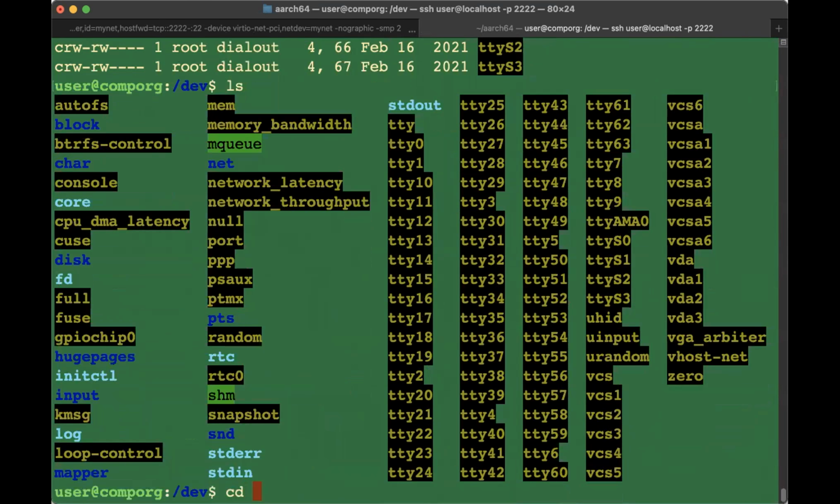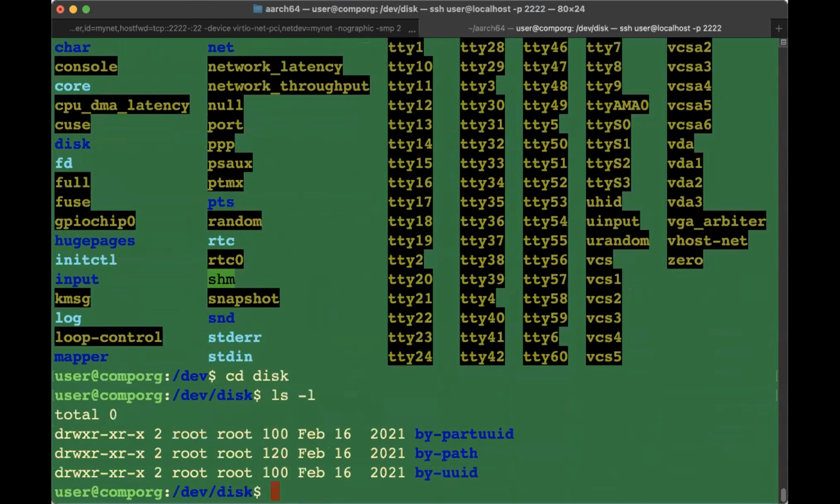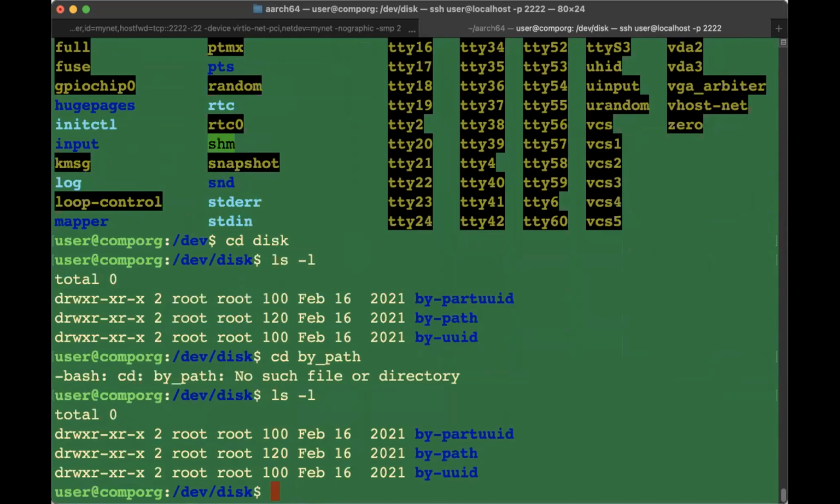All right, let's go into disk. And these are directories. Let's go to by path. Hello. By path. I thought it was a directory.